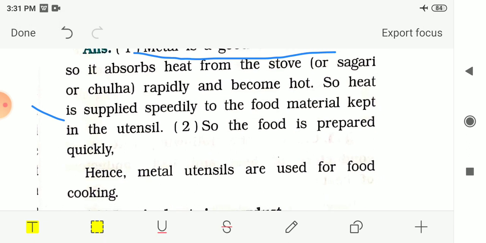Metal is a good conductor of heat, so it can easily absorb the heat from the stove and becomes hot, and so we can easily provide heat quickly to the food material kept inside the utensil. That's why food is prepared quickly, and so metal utensils are used for cooking.